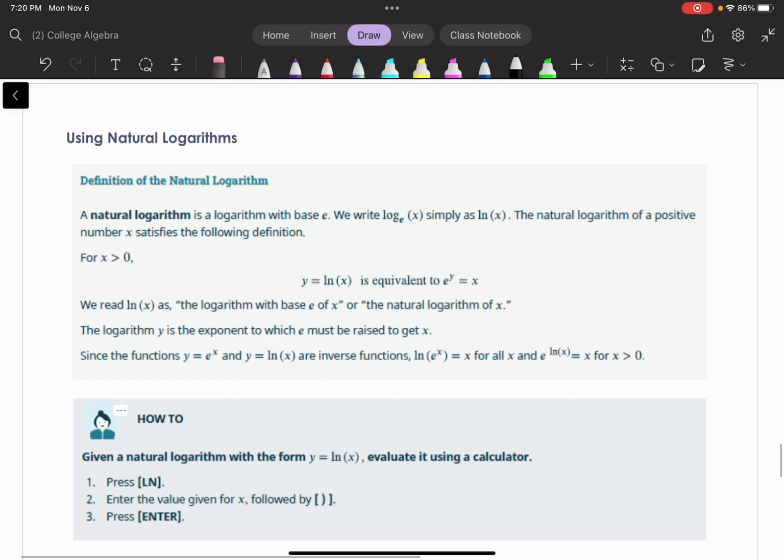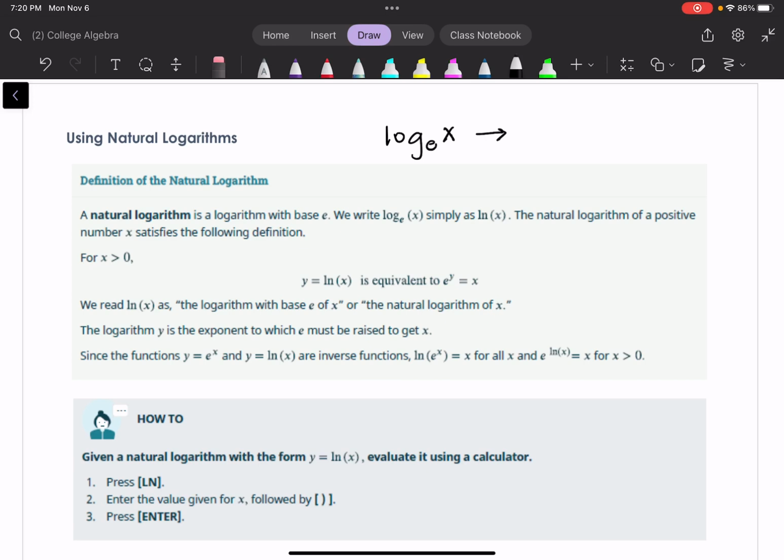All right, now let's talk about natural logarithms, which is not a crazy idea. It's just a logarithm with base e. So the idea is this, log base e of x, but you don't see it written that way.